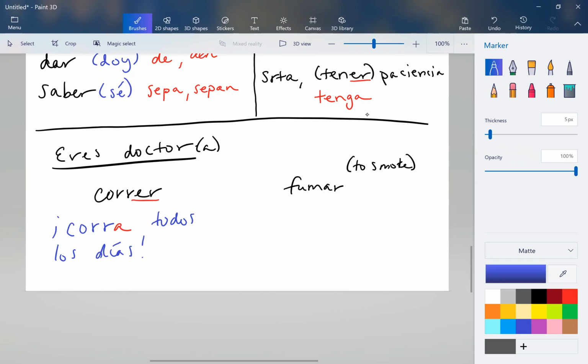And should we instruct our patient to smoke? No. So we'll say no fume.